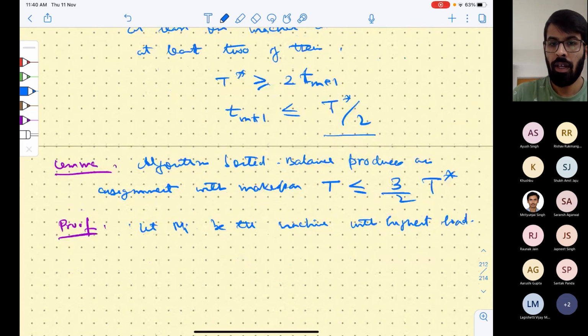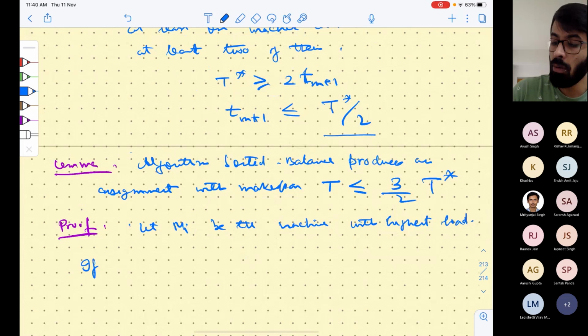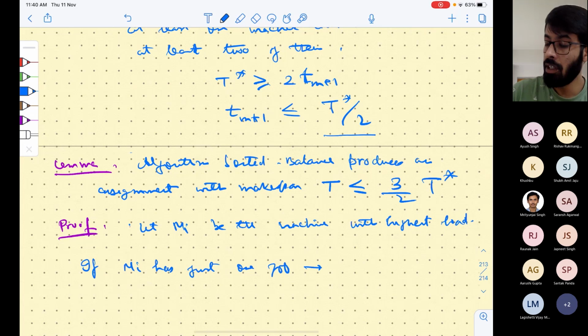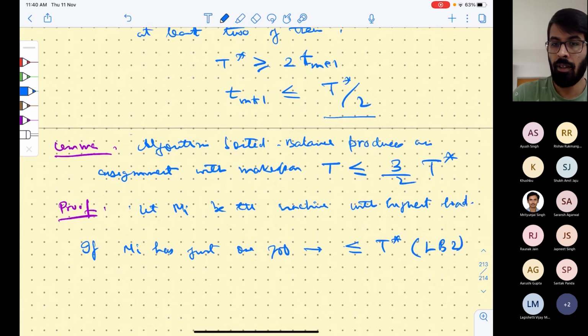Okay. And if Mi has just one job, it is already less than or equal to optimum using lower bound 2, right? Or sorry, yeah, it's fine.